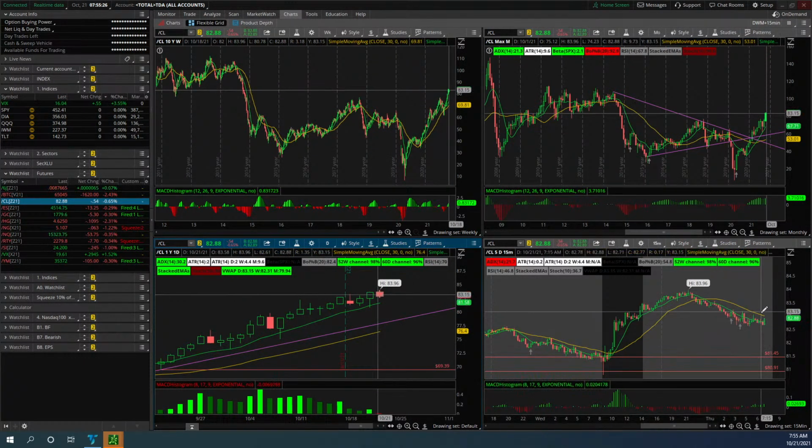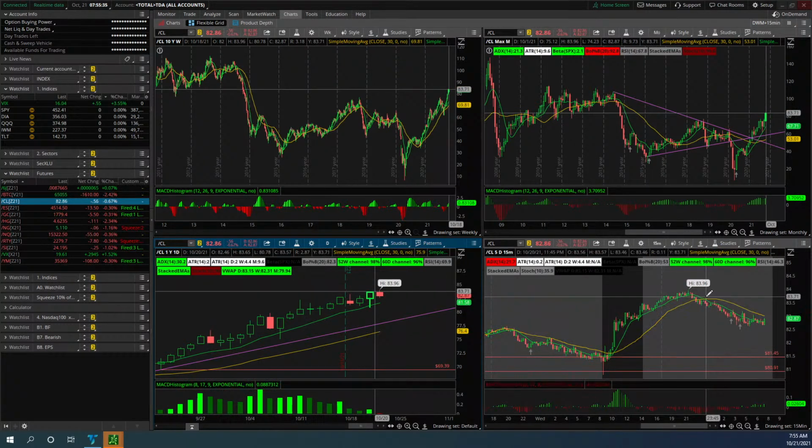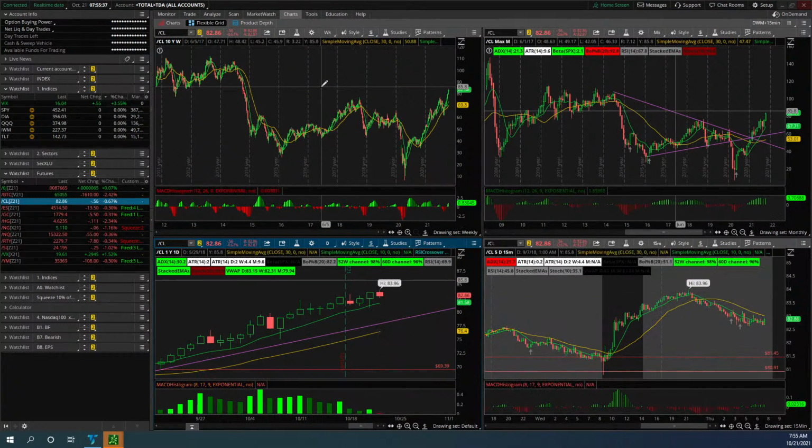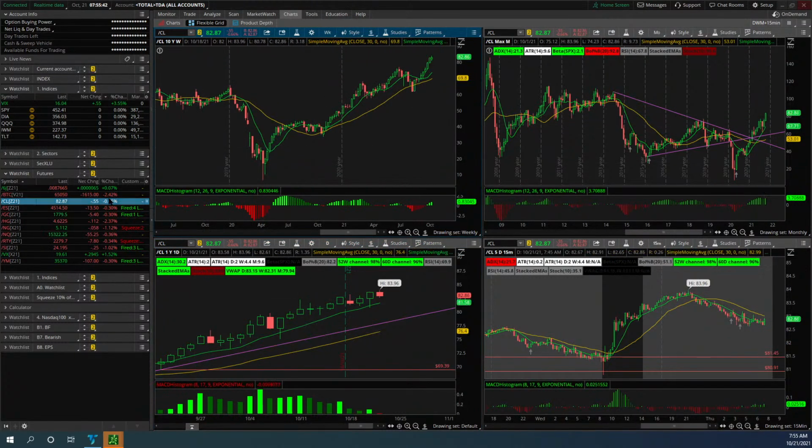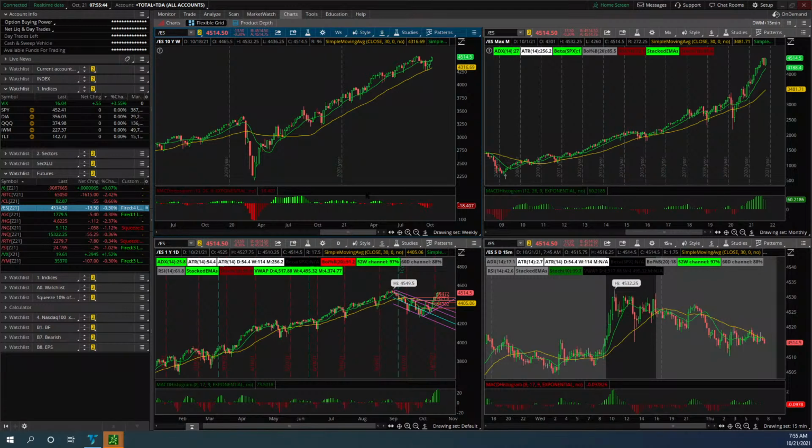If the 10 crosses the 30, then we're going to become bullish again. The weekly is bullish. ES is bullish.